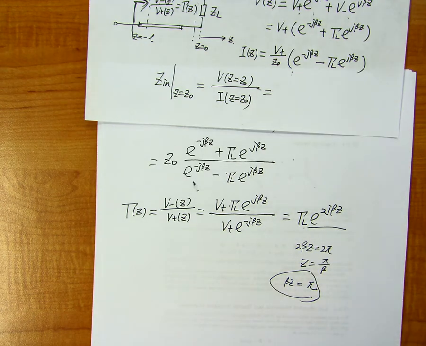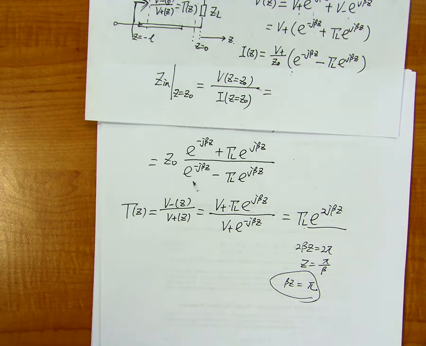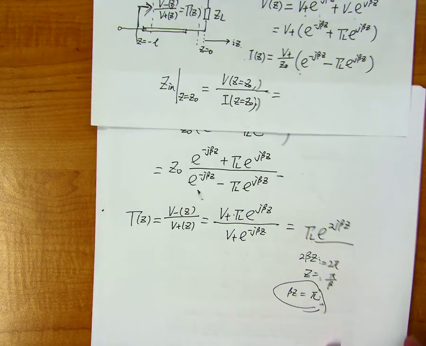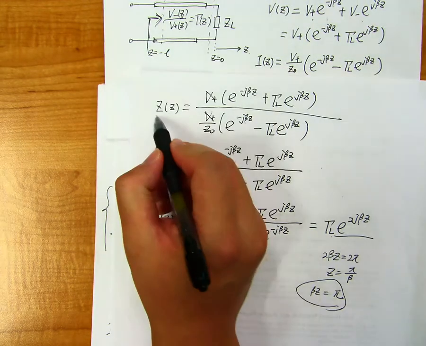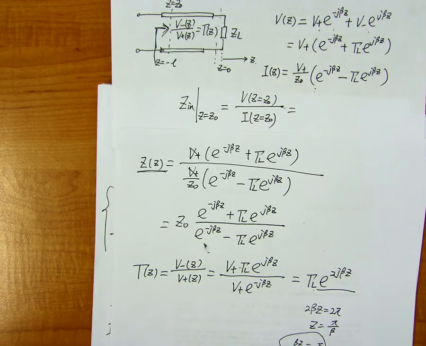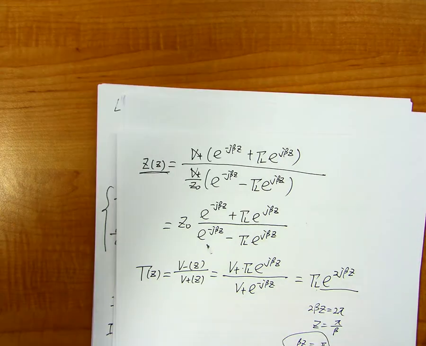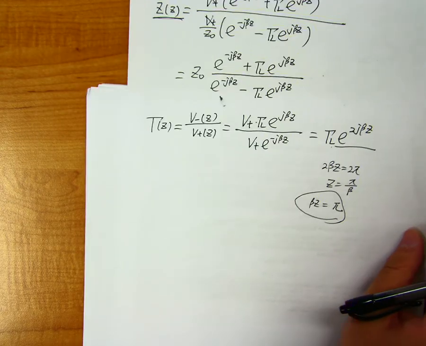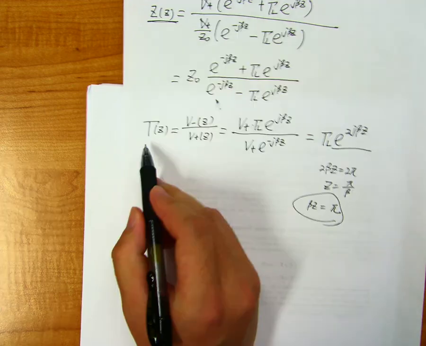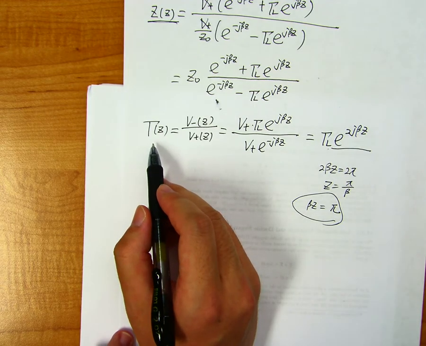So now for a terminated transmission line, we have the input impedance at an arbitrary point, and we have the reflection coefficient at an arbitrary point. So what we can do is express the input impedance Z of z at an arbitrary point in terms of the reflection coefficient at that point.